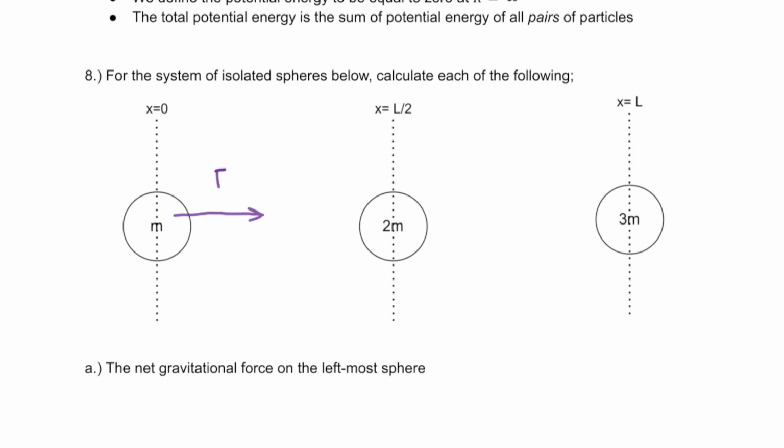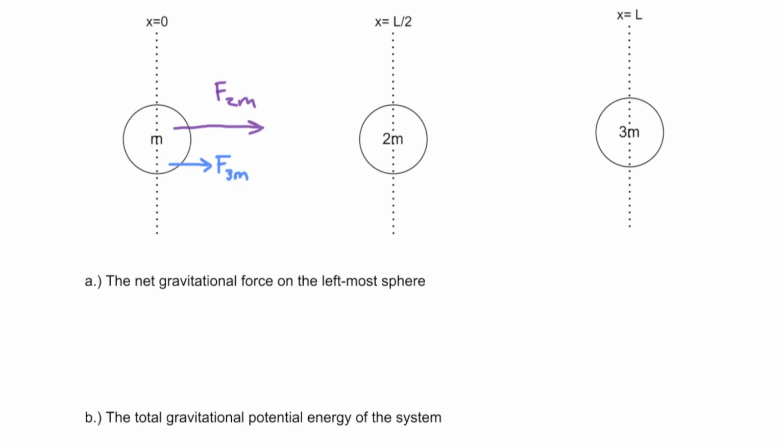So we have a force of attraction caused by the 2m. And then also, we have a force of attraction to the 3m. And I made the 3m arrow smaller because even though the mass is bigger, the separation is double, so it's going to drop off like the inverse square law. And they are going in the same direction.